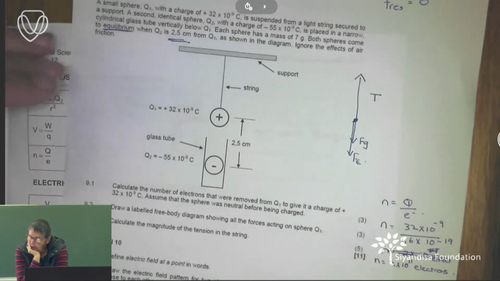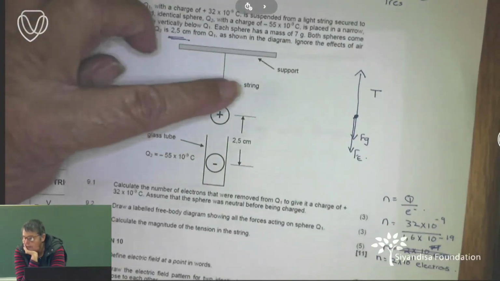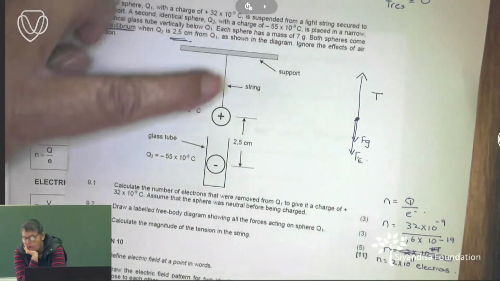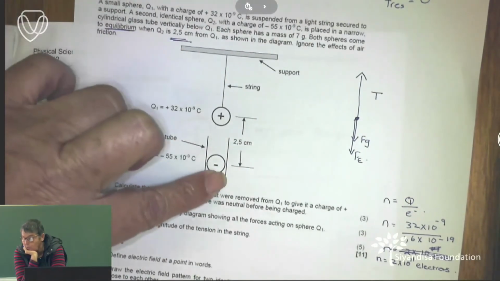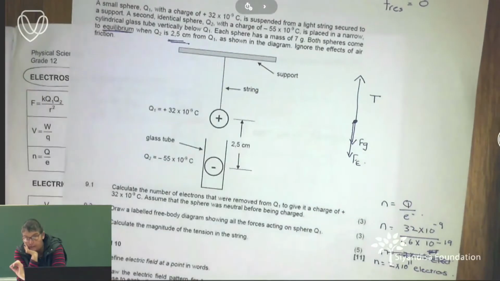Then they ask us to draw the force diagram, or the free body diagram at least, of Q1. So we went and we said, right, we have the tension, then we have the mass, which causes gravity, and then we have the electrostatic force. Not the electric field, the electrostatic force.